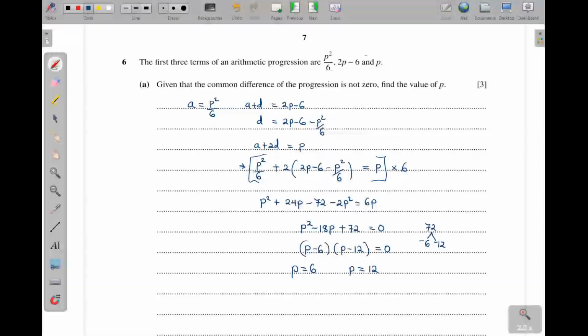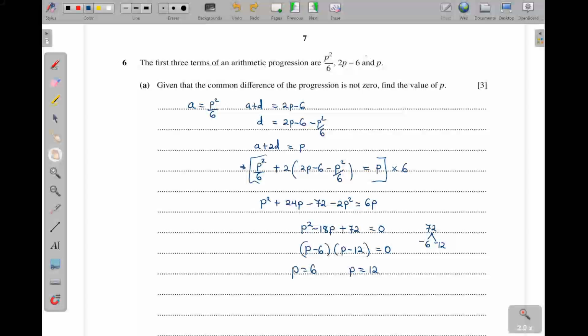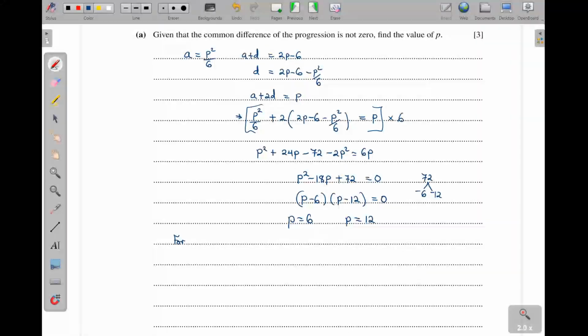But we need to find one value of p, which is not going to give the common difference as 0. So let's check. For p equal to 6, what do we get? Our common difference is here.